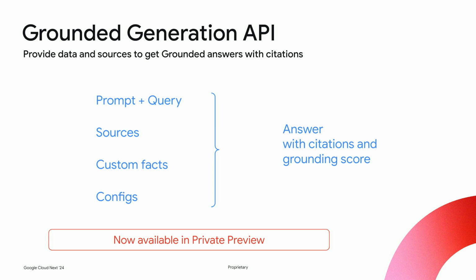The sources can be, at the moment, Vertex AI Search as a source of documents, or you can sideload information. For example, you have your own retrieval engine, you retrieve a bunch of results, and then you can pass them over to the model, and the model produces a grounded response with citations, referencing the inputs.